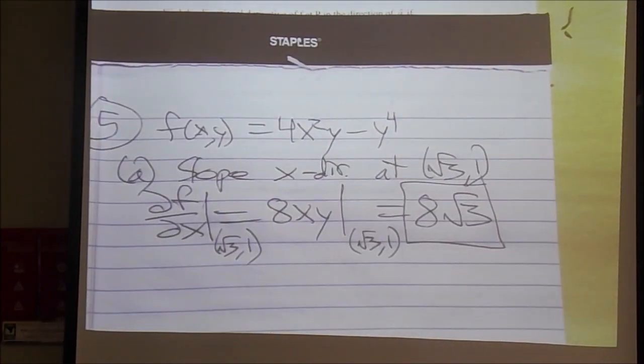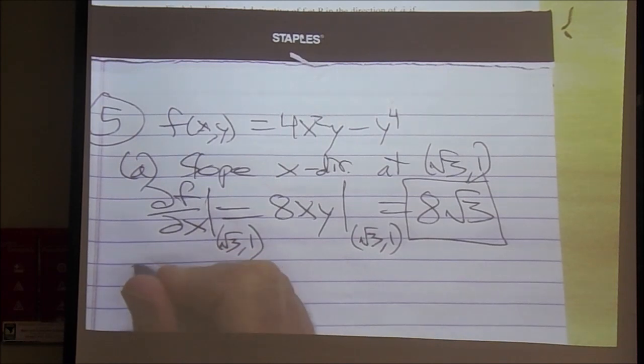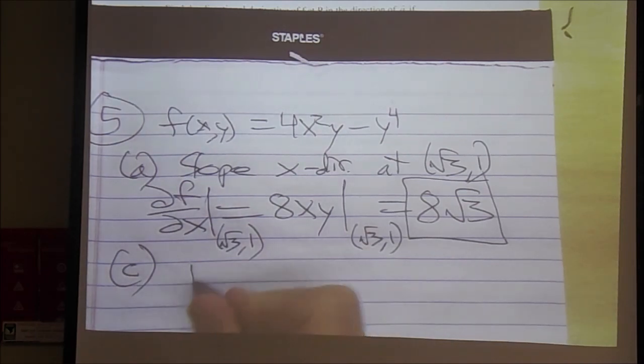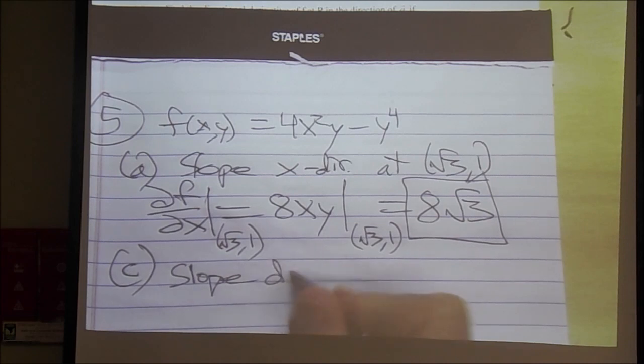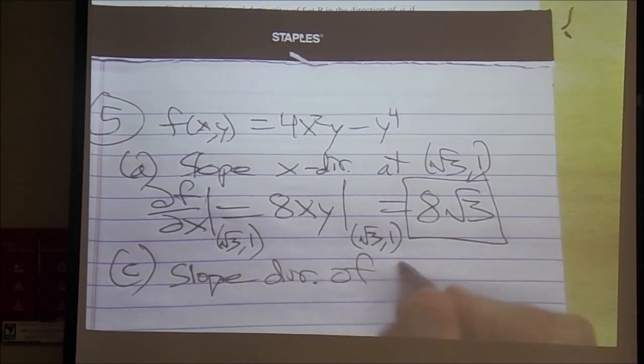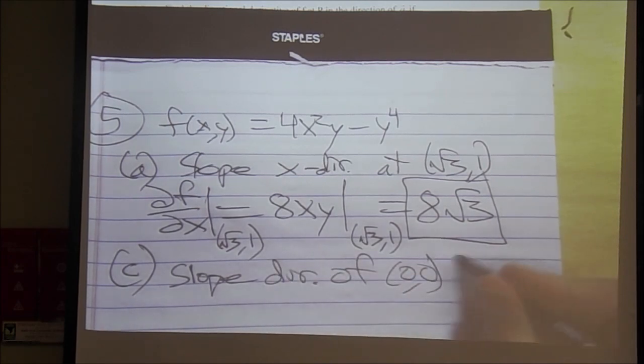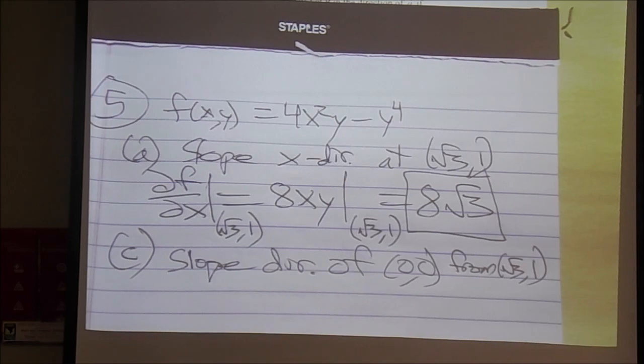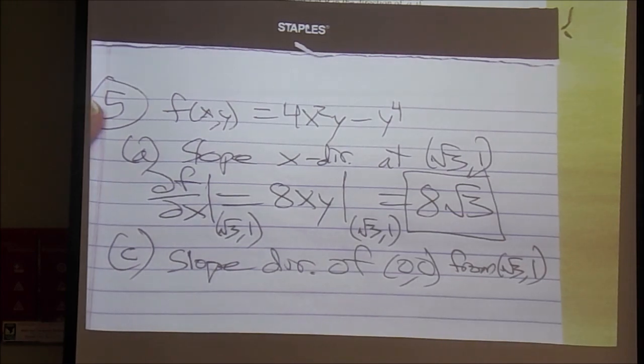Now, a little trickier. Suppose I try 5c. Suppose I want the slope in the direction of the origin 0, 0 from the point square root 3, 1. What if you move in that direction? When you're not moving in the x or y direction, it's the directional derivative.